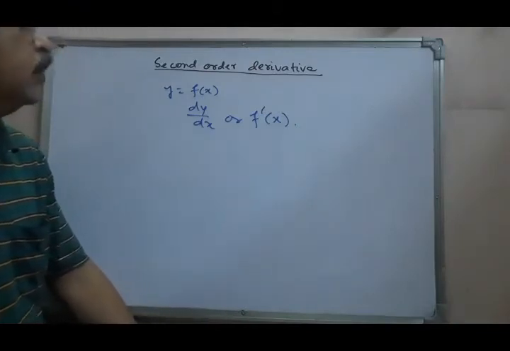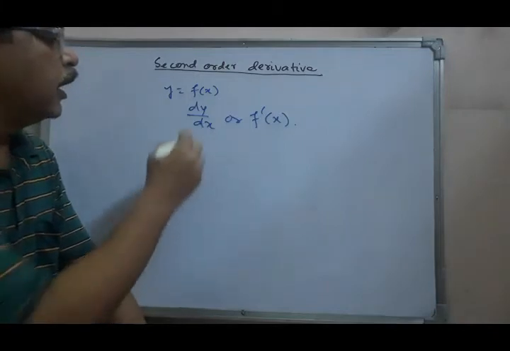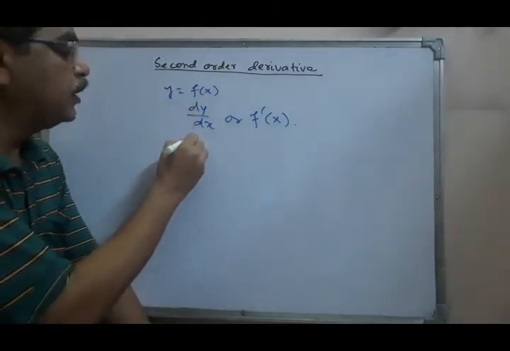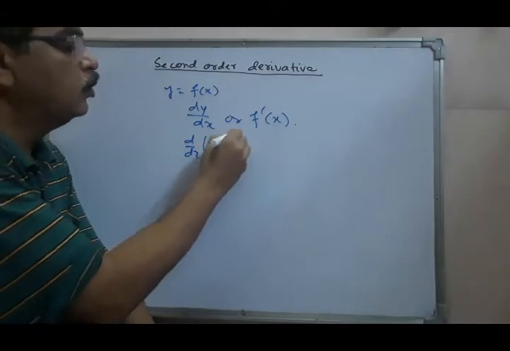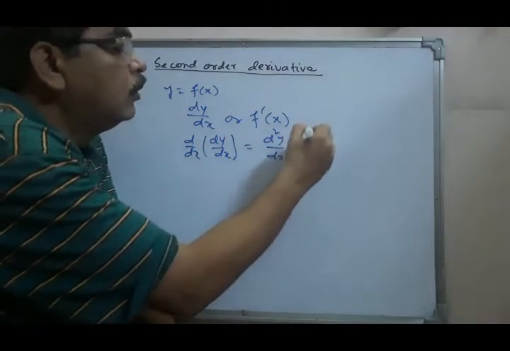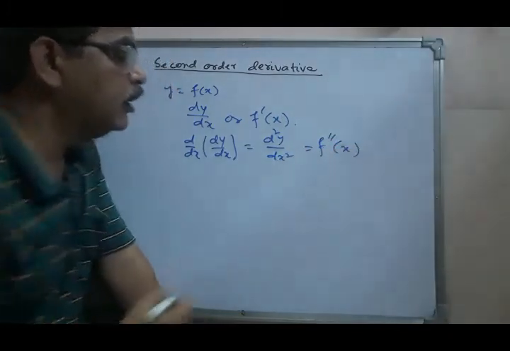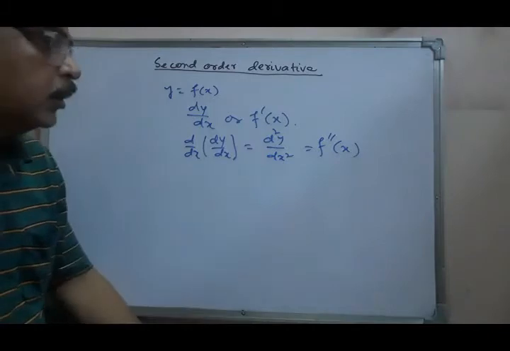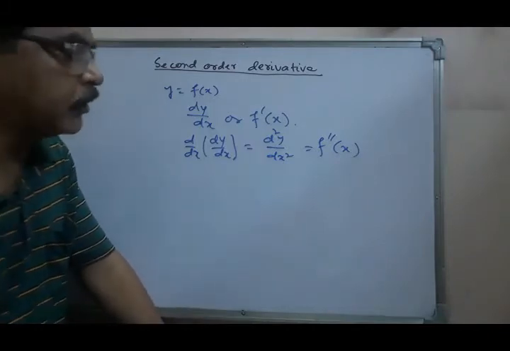If further it is differentiable at some value of x, then its derivative, that is d/dx of dy by dx, which is equal to d2y by dx2, and further it is denoted by f double dash x, is called second order derivative of y equal to f(x).